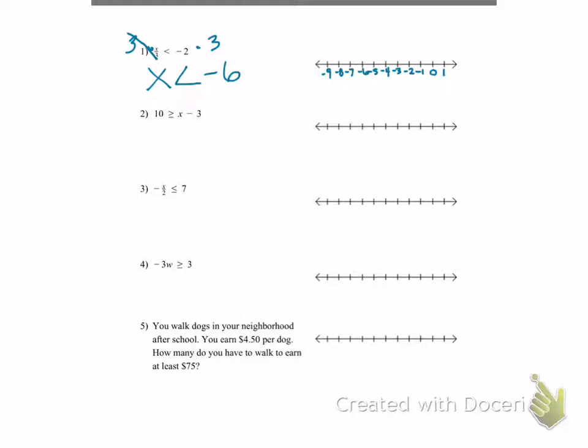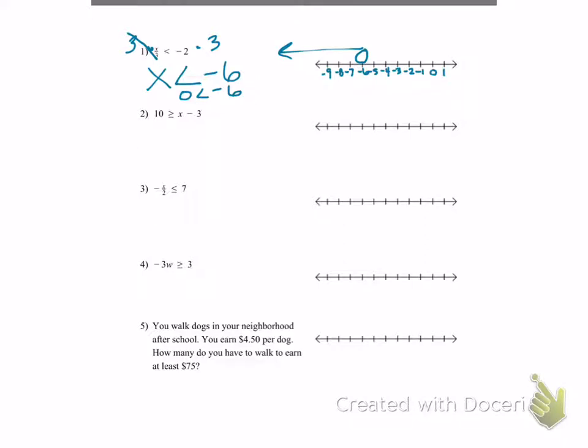Well, again, this doesn't have an equal to sign under it, so it's just an open circle at -6. And we can see that if we plug in 0, we get 0 is less than -6, which is false, so I want to include numbers that are smaller than -6. That was pretty similar to our last one. The only difference was the solving. Okay, so let's go ahead and go on to our second equation.